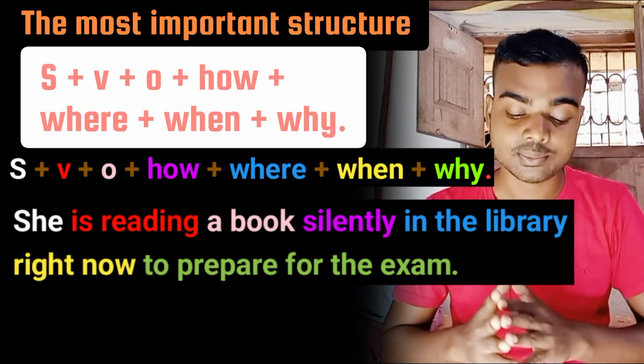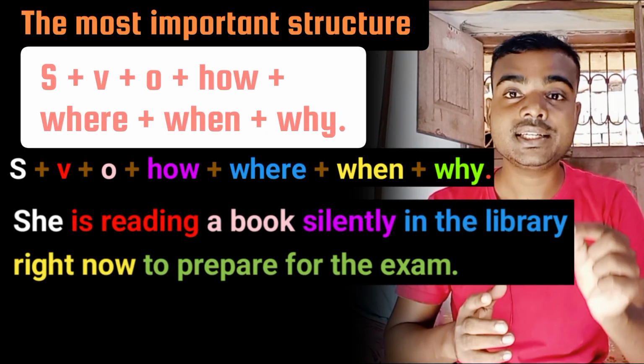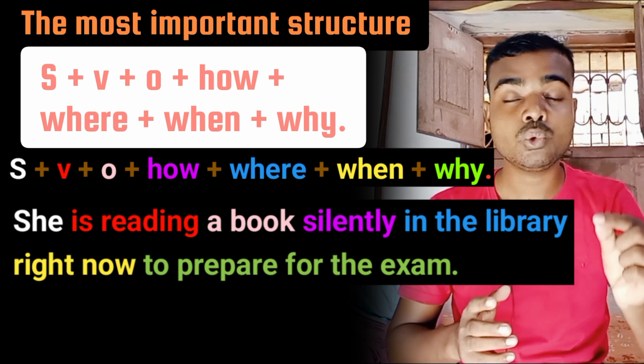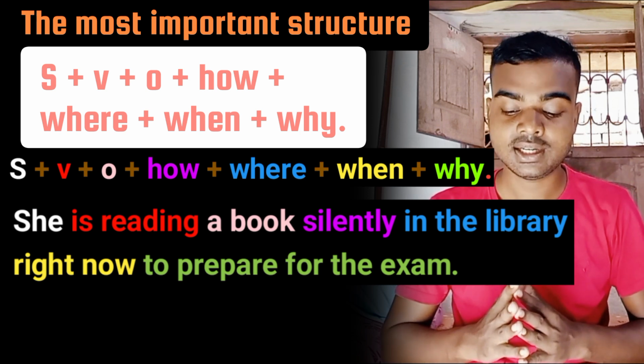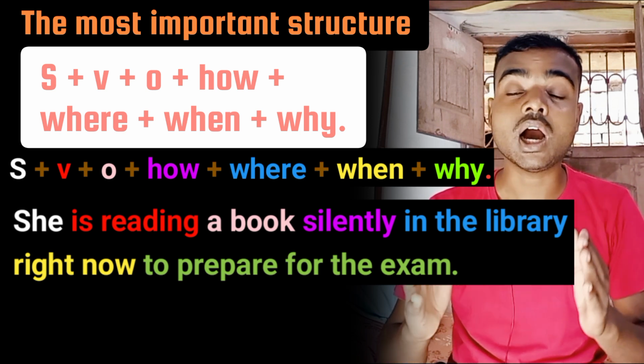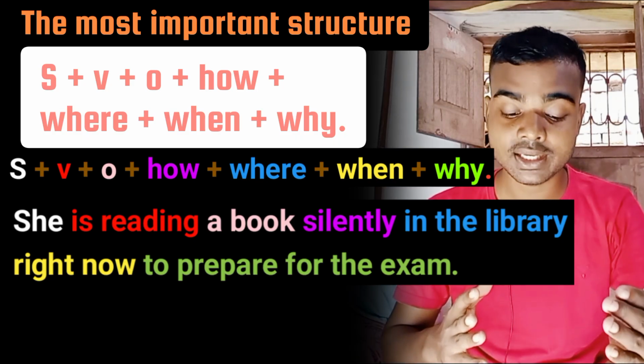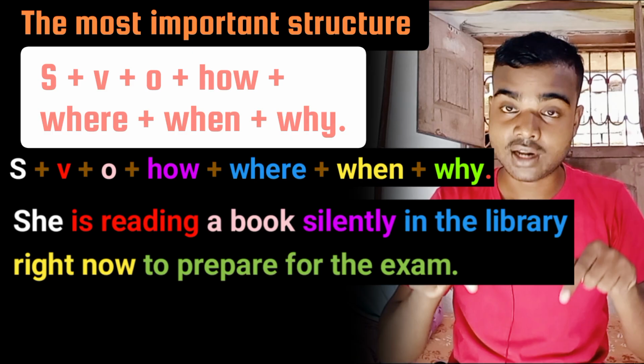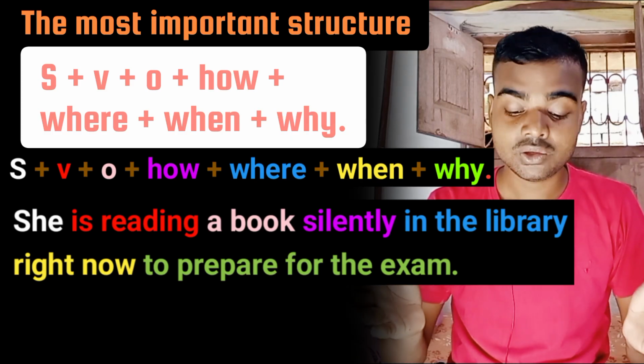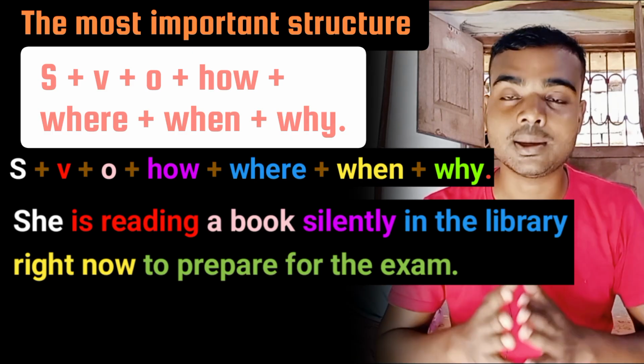See, this is the subject, is reading is the verb, a book is the object. Silently, how? Silently. Where? In the library. When? Right now. Why? To prepare for the exam.